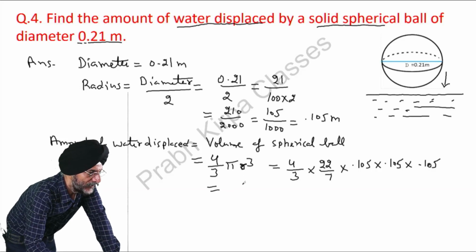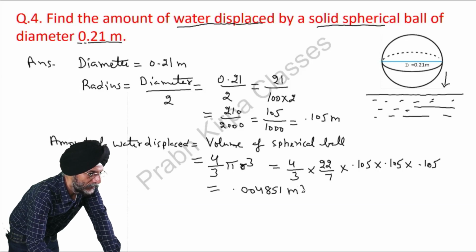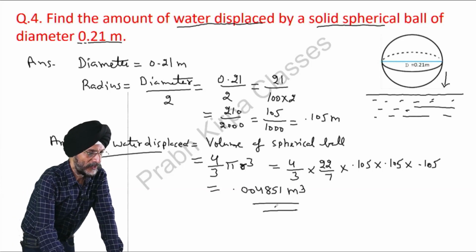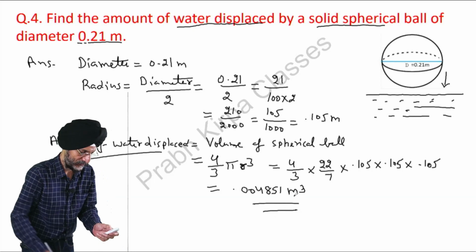So when we solve it, it will come as 0.00485 cubic meter. This is the answer before you. Amount of water displaced by a solid spherical ball is this much.